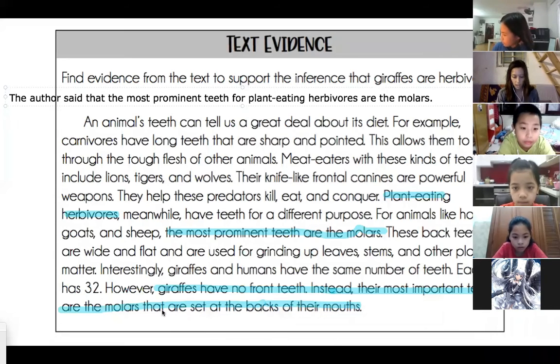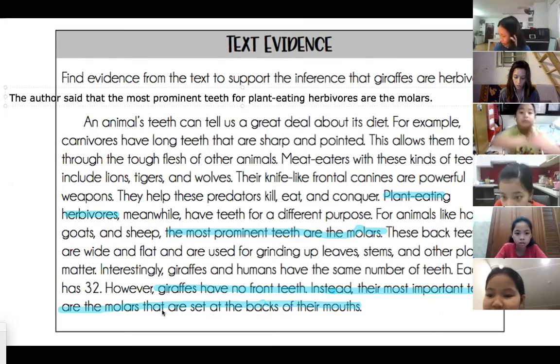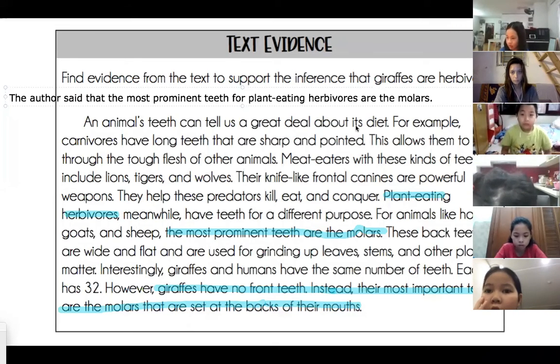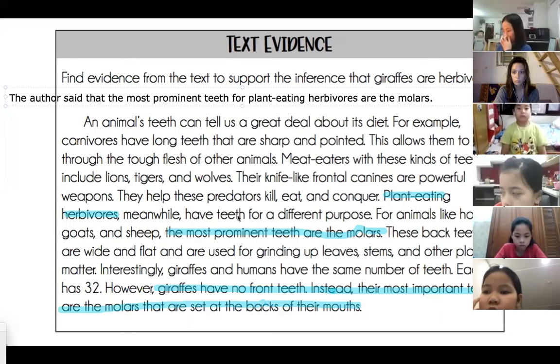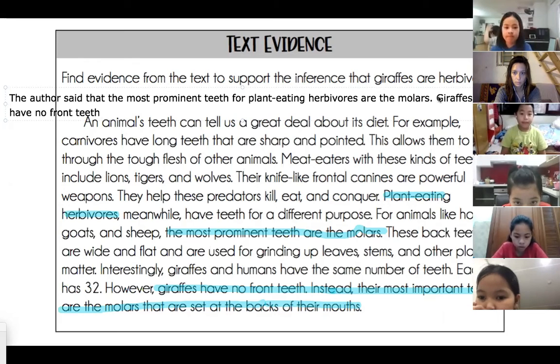Maggie, can you finish it for us? Now we need to talk about our giraffes. The author said that the most prominent teeth for plant-eating herbivores are the molars, and giraffes have no front teeth. Instead, they have molars, teeth that are set at the back of their mouths.